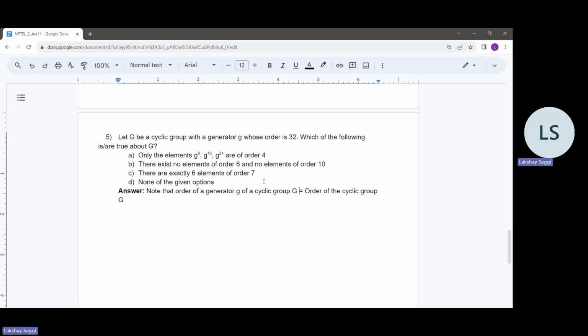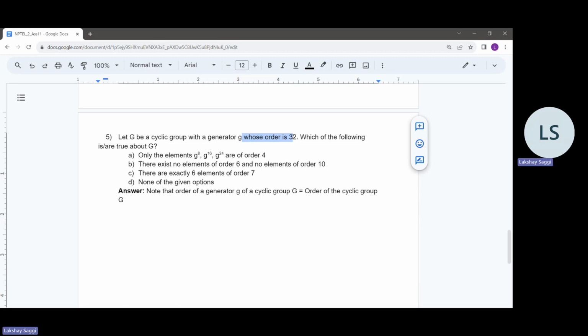So if G is a cyclic group and small g is a generator, then the order of that generator g is equal to the order of the group G. Here we are given that the order of the generator g is 32, so 32 is the smallest power at which g raised to power 32 is equal to 1.